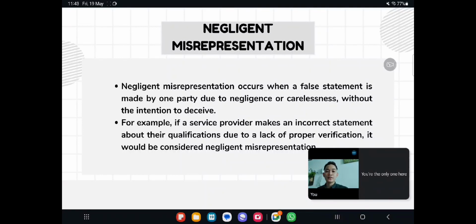I have one more example to help understand negligent misrepresentation. A real estate agent attempting to sell a home tells the buyer that the home is surrounded by peace and quiet. The agent claims the house is in a peaceful environment.